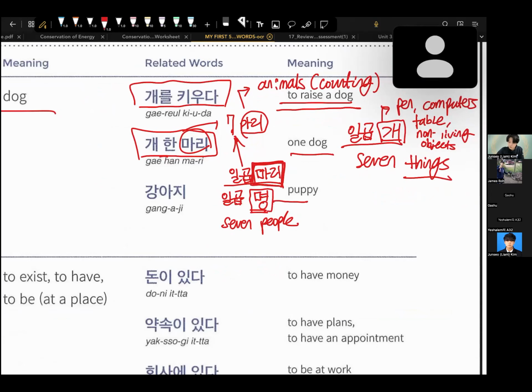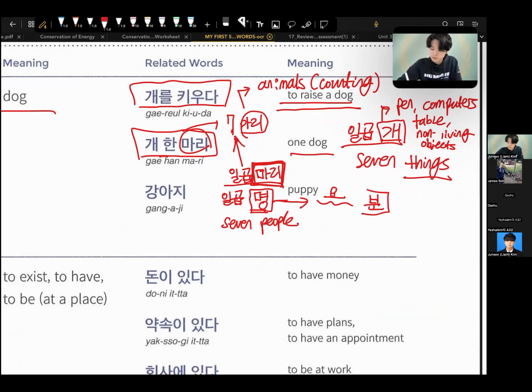A respectful way to say 명 is 분. 분. Can you follow after me? 분. Yeah, so for people who are really important, people you need to respect, such as your boss, or somebody you see for the first time, people you don't know, you need to say 일곱 분 or 여섯 분, 다섯 분.